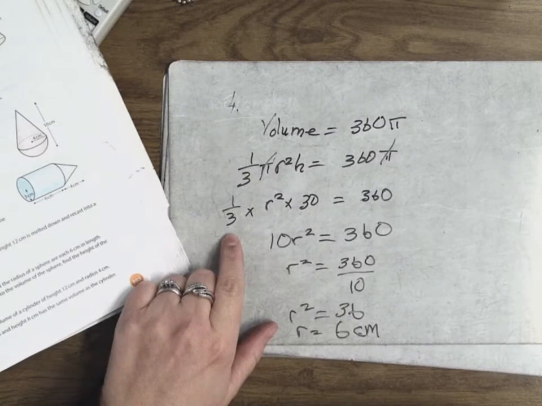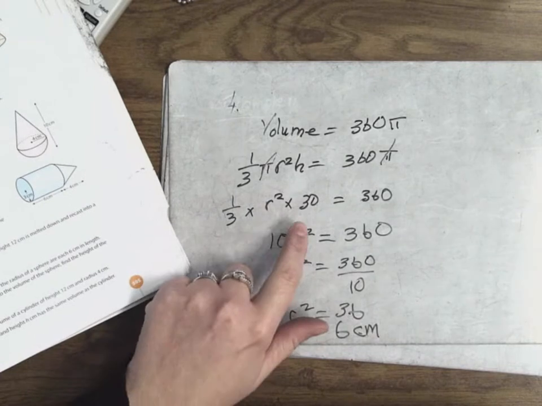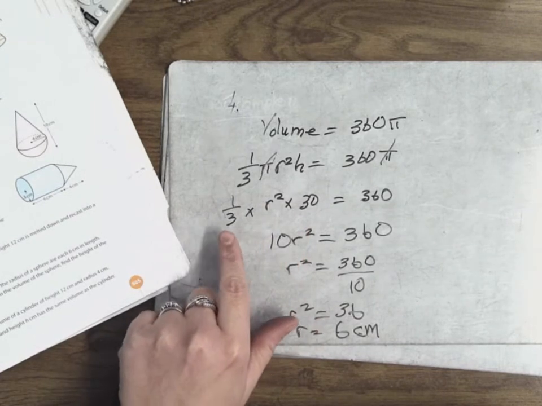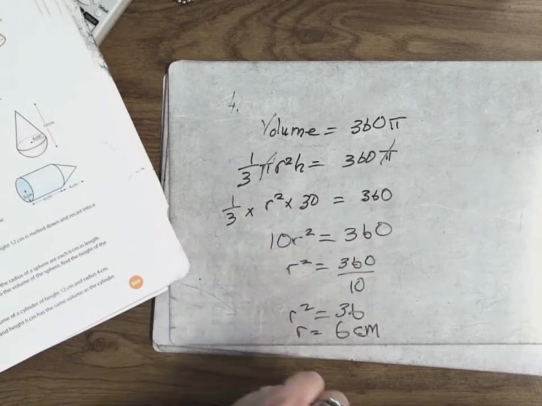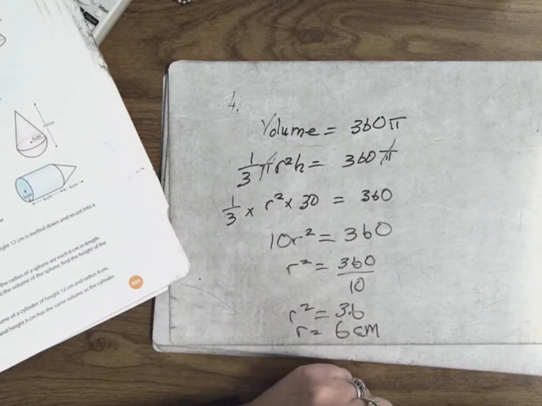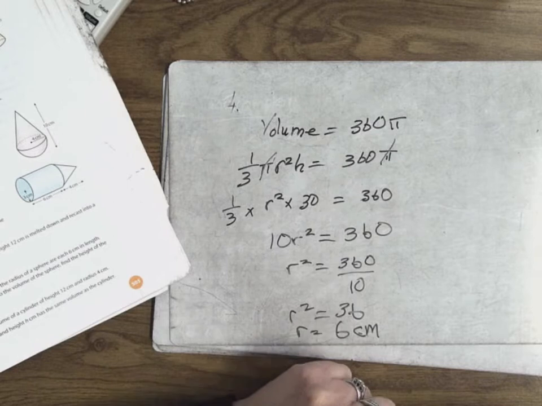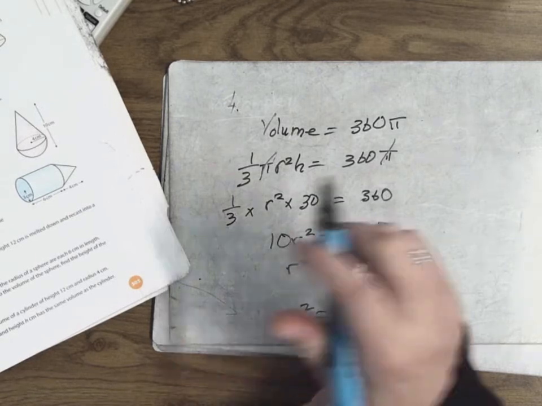So what did you do with it? Yeah, so I had 1 squared multiplied by 1 squared multiplied by 30 is equal to 360. And r squared is equal to 360 over 30. Yeah, so you've just dropped the third. Where did the third go? Do you know what I mean?